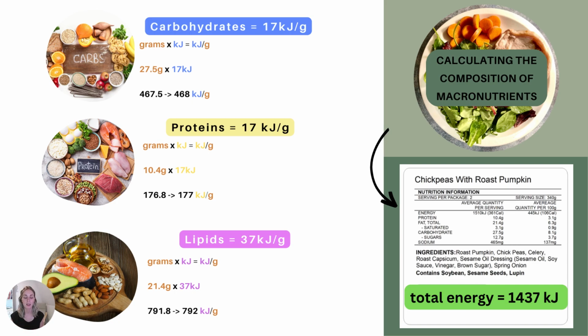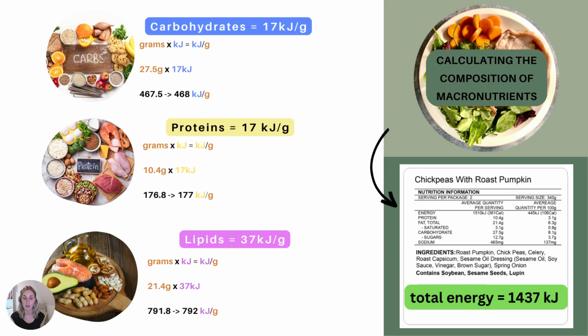But the essential thing to understand when calculating the energy composition of macronutrients is this formula. So you're going to need to know how many grams of that macronutrient is in a serving of food, as well as remembering the amount of energy provided from 1 gram of that macronutrient.